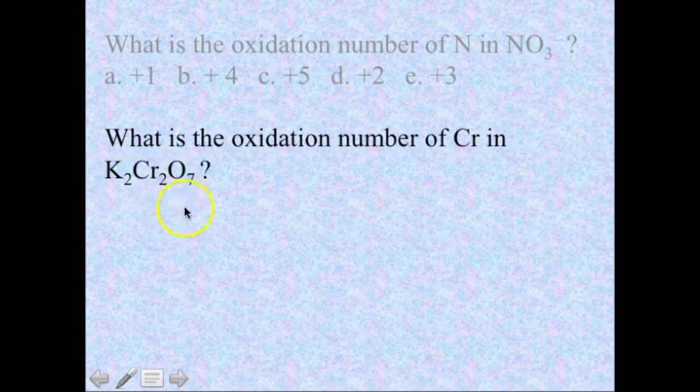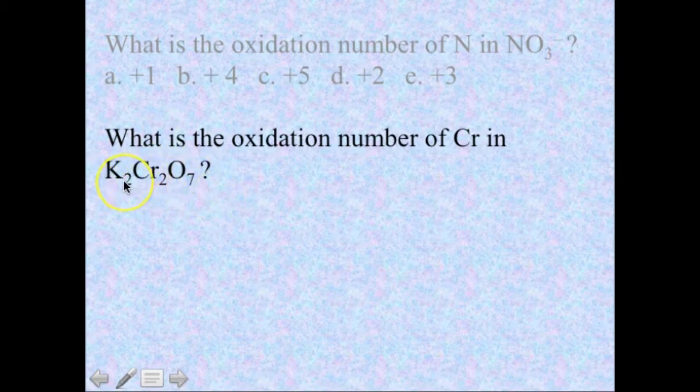All right, here we go. Oxygen is -2. There are 7 of them. That is -14. Potassium is +1. There are 2 of them. That's +2. This whole thing has no charge on it, so all the oxidation numbers have to add up to 0.